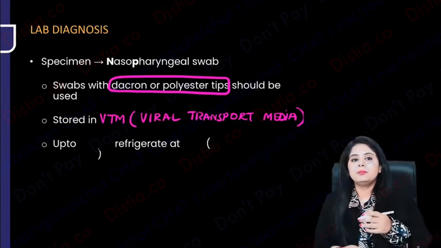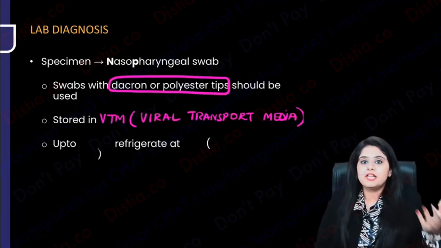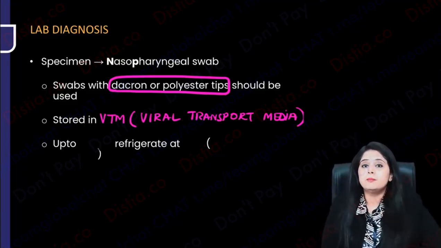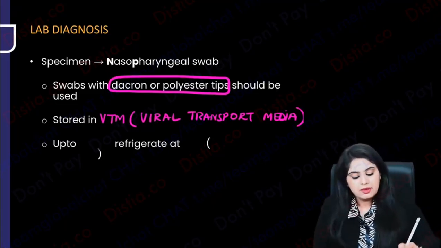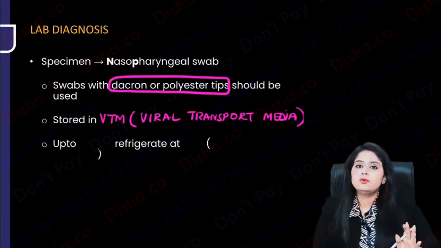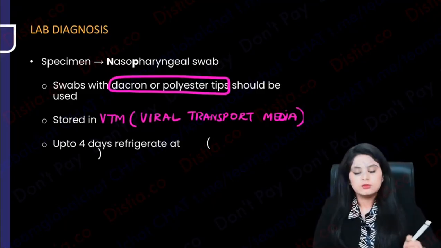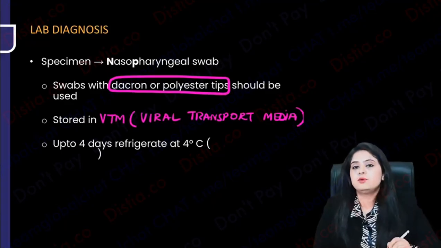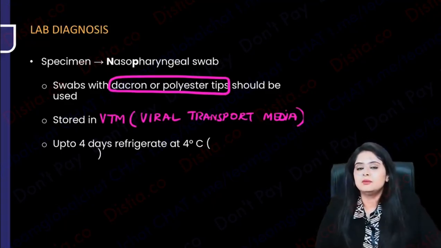But you say, ma'am, the lab is in some other state, it is going to take 1 day for the sample to reach the lab. So remember, you have 4 days. If you have 4 days before testing, you can store it at 4 degrees. Ideally everyone has a lab available in their city, you put the testing of the sample on the same day, but just in case, if there is a delay up to 4 days, you store it at 4 degrees.